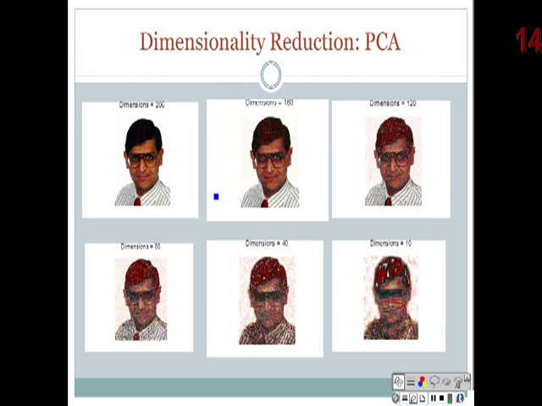Why would you use a reduction? You have a huge database, for example, of images of people, 100,000 or a million images, and you have the photo of these men, and you are trying to match this photo with the database of images that you have.